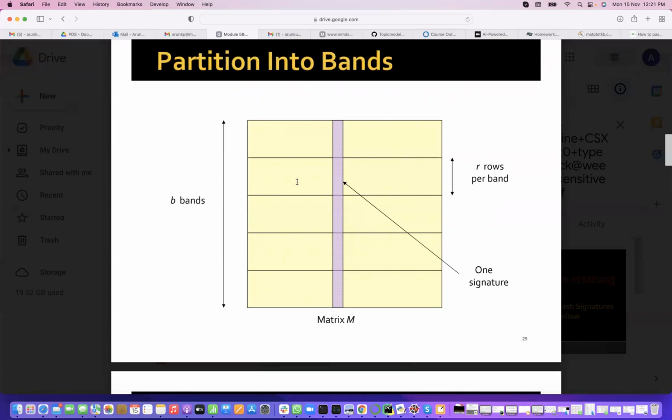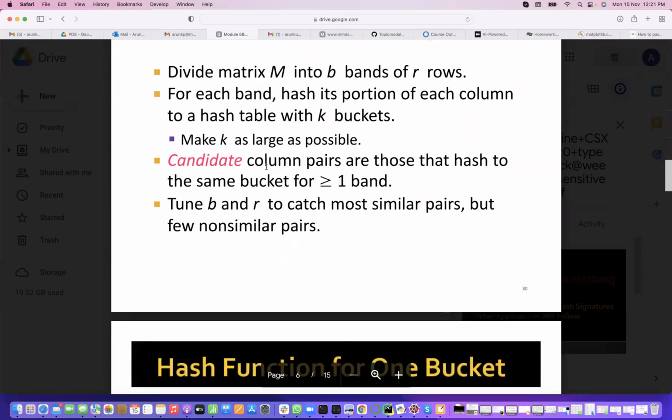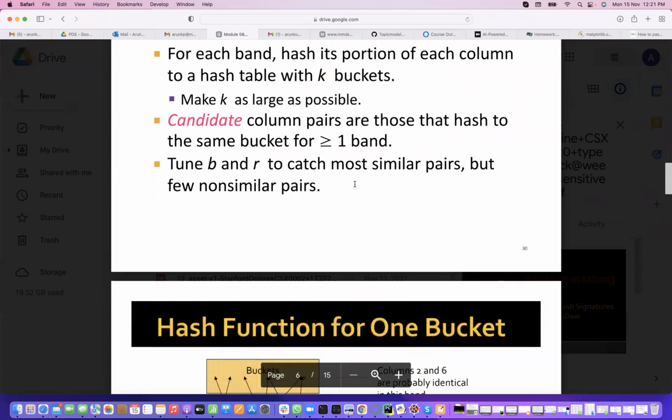You are computing similarity with the same complexity. So you shouldn't make it completely equal to R, and you shouldn't make it very small either. If you make it very small, then all the pairs should be evaluated again. So like that, here it is said, tune B and R to catch most similar pairs, but few non-similar pairs.